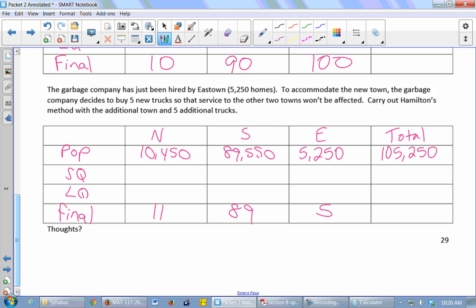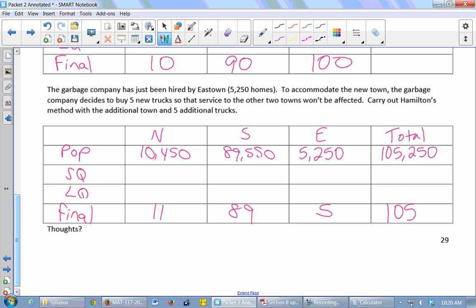So all 5 new trucks are going to go to Easttown, but then it just seems completely random that instead of sticking with the 10 and 90, they switched it to 11 and 89.